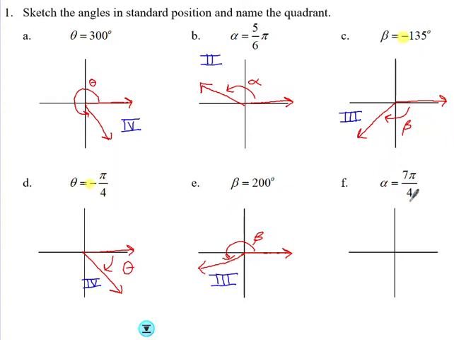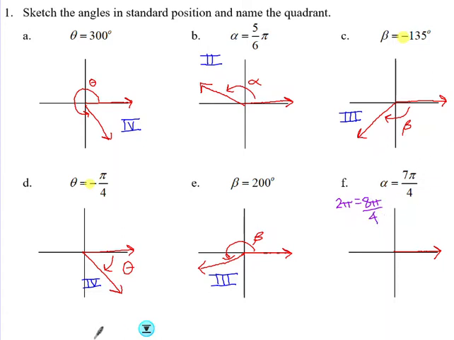Finally, we need to find alpha is equal to 7 pi over 4. We have our initial side. We know that 2 pi is all the way around the circle. And 2 pi is 8 pi over 4.